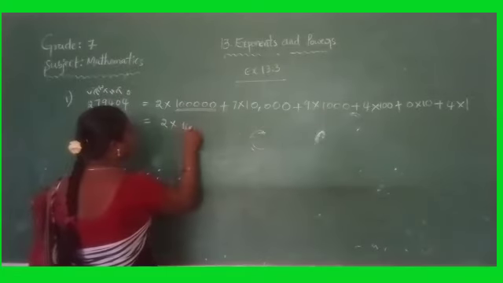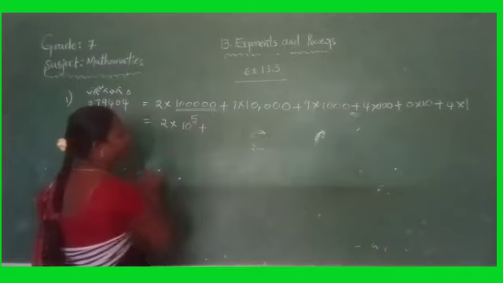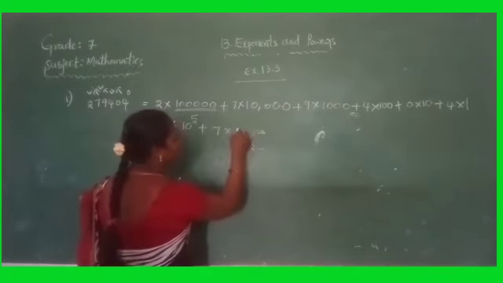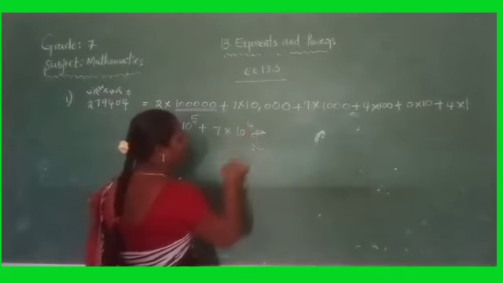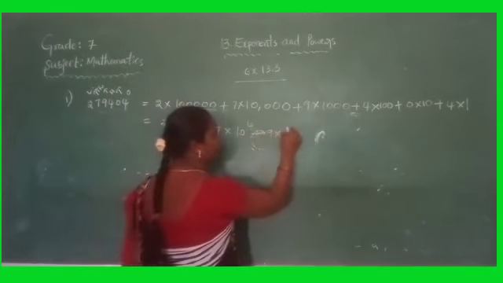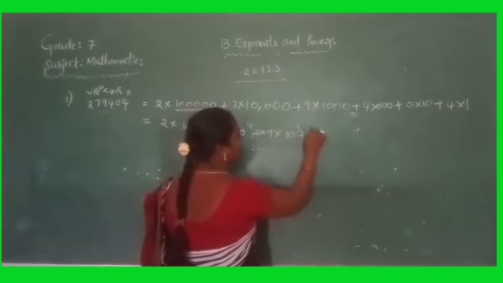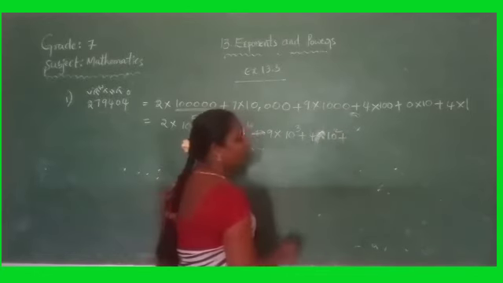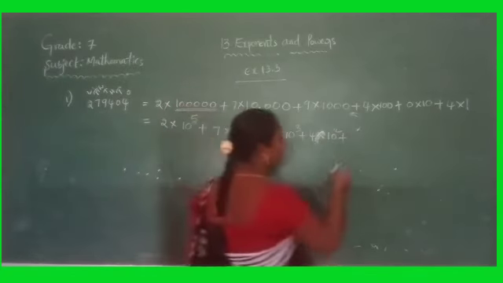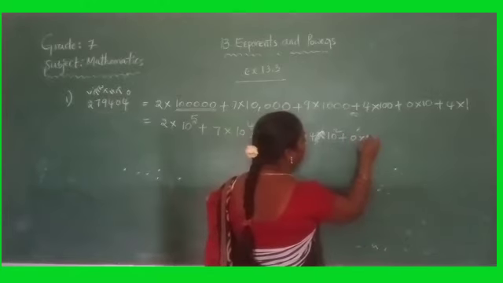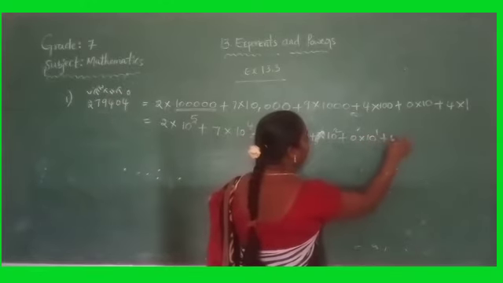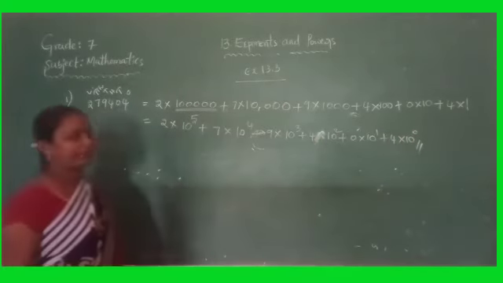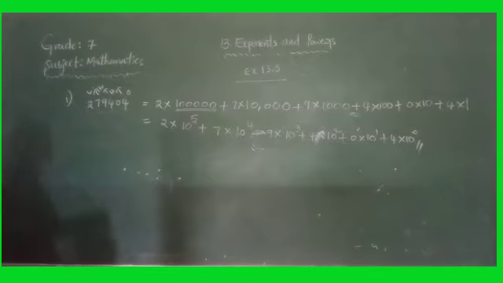So we can write it as 2 into 10 to the power of 5, plus 7 into 10,000, that is 10 to the power of 4, plus 9 into 1000, 10 cube, plus 4 into 100, 10 square, plus 0 into 10 to the power of 1, plus 4 into 10 to the power of 0. So this is the expanded form. Is it clear, children? Right.